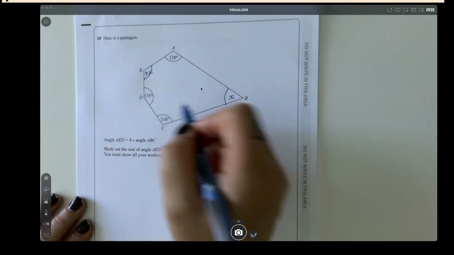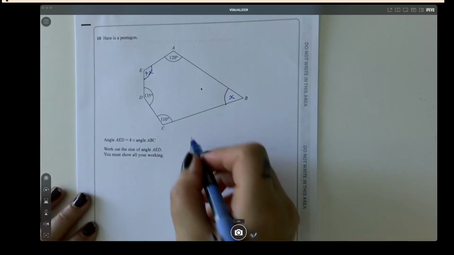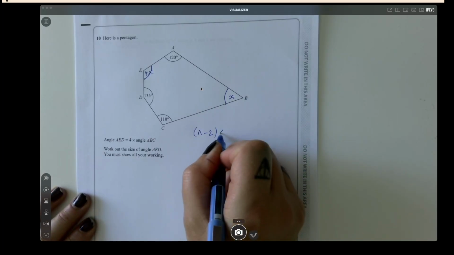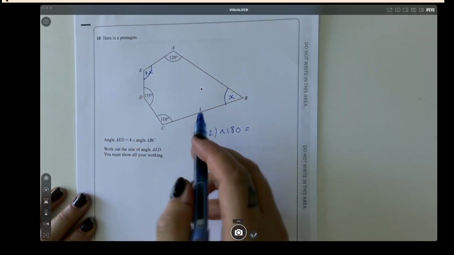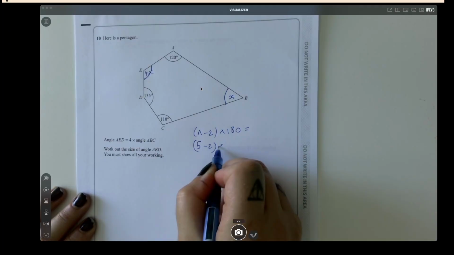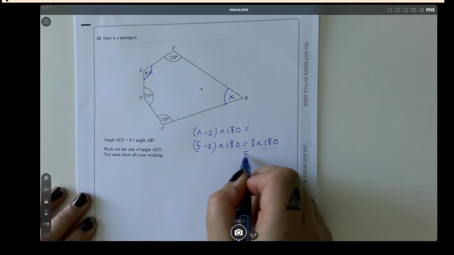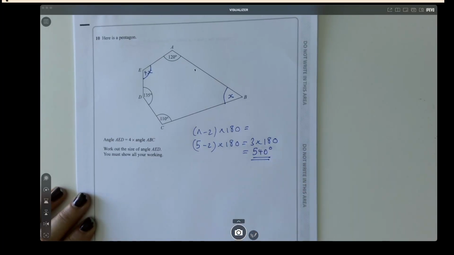So angles inside a pentagon. So we want to know what the angles inside a pentagon would sum to. So we're going to do the number of sides subtracted by 2 multiplied by 180 for the sum of the interior angles. So we've got 5 sides, which is 3 times 180, which is 540 degrees in total.